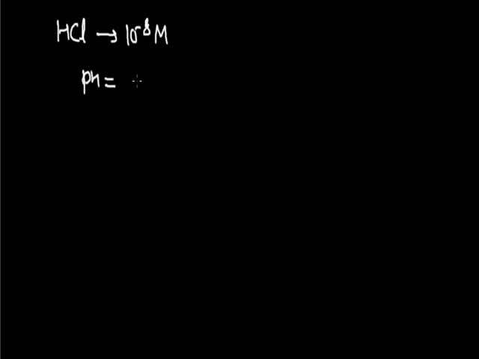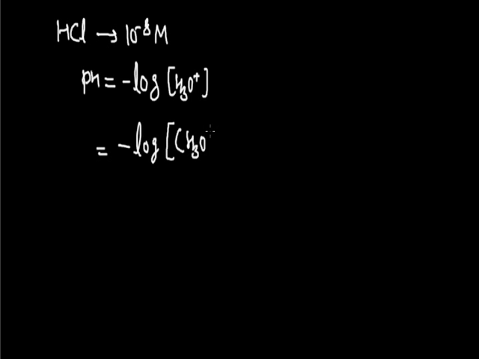So here we will calculate the pH by the formula minus log concentration of hydronium ion, and here the hydronium ions will be provided by two sources. Firstly, the concentration of hydronium ion provided by the acid, and second, the concentration of hydronium ion provided by the water molecules.